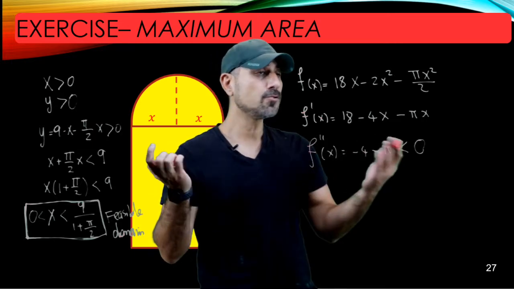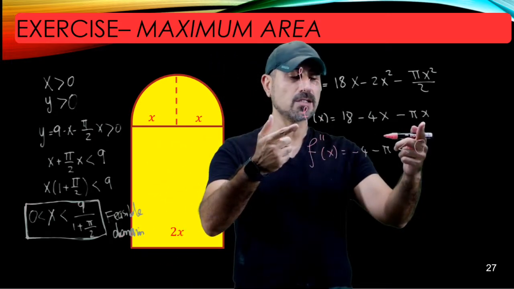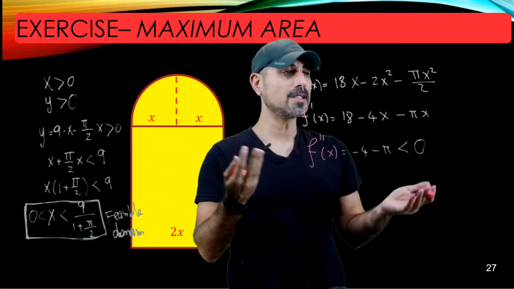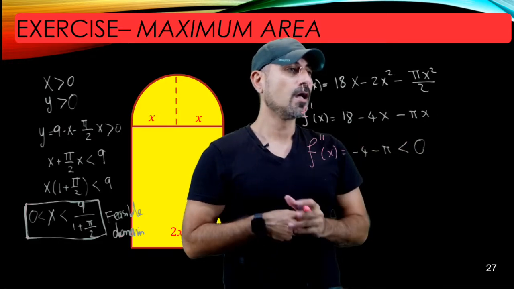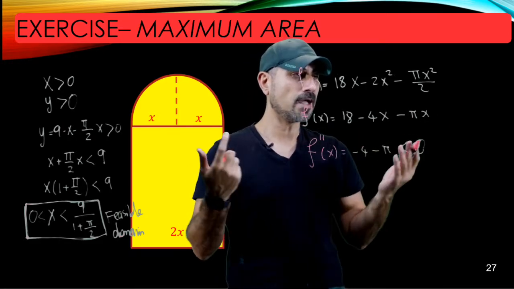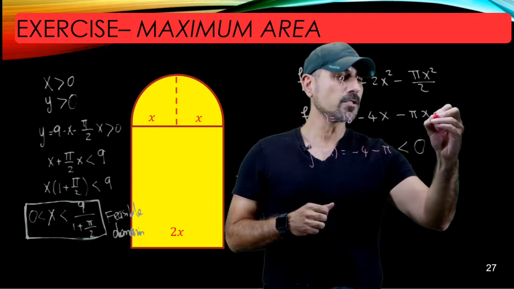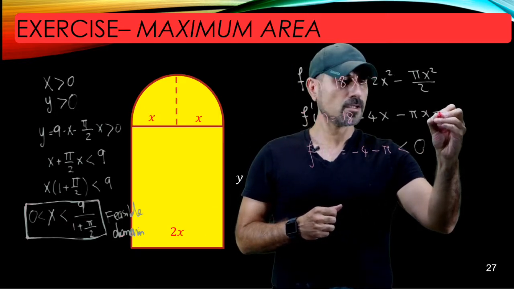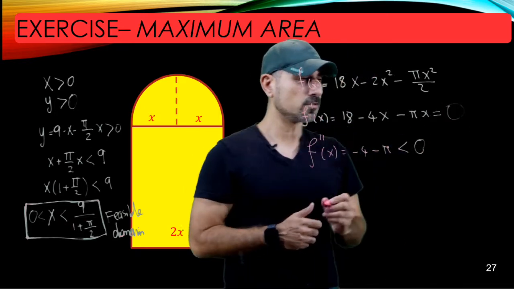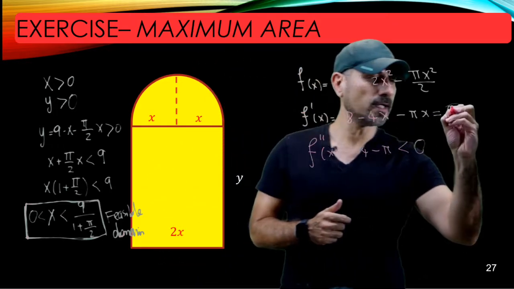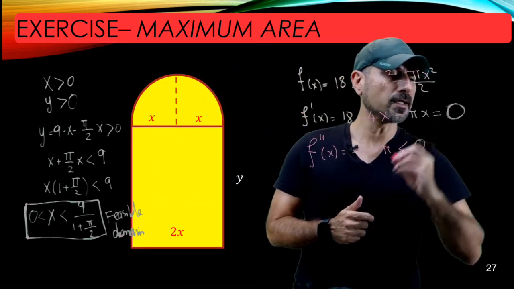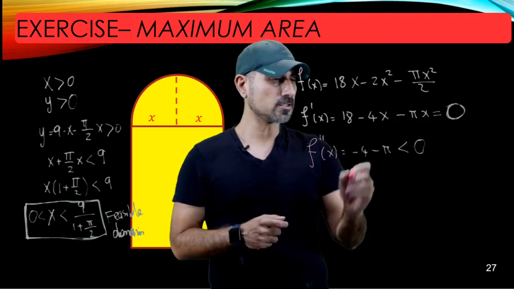So we have two types of critical points. One is the one making this f prime undefined, which is not the case here because this is a nice linear function and it's defined for all x. But the second critical point comes out of setting this equation to 0. In other words, we're trying to find the x's that make f prime 0. And let's just solve this.